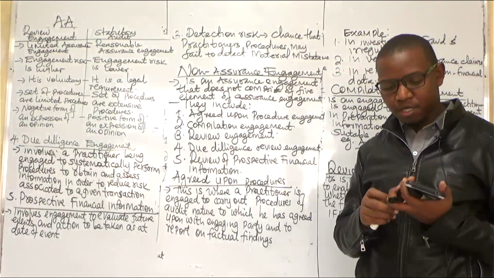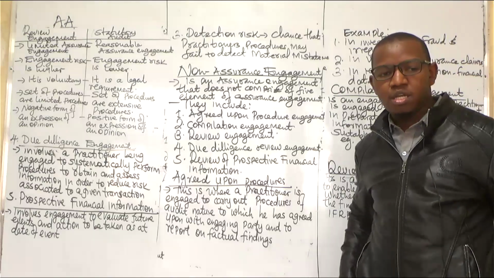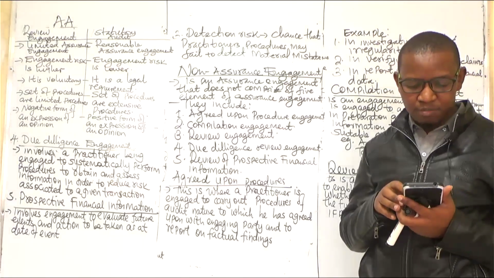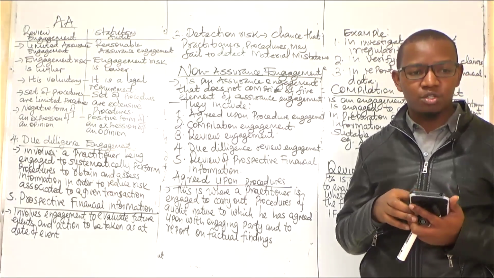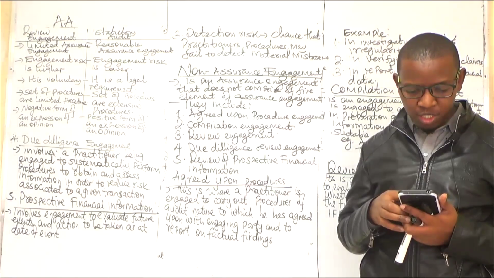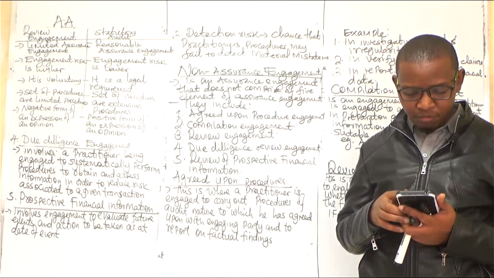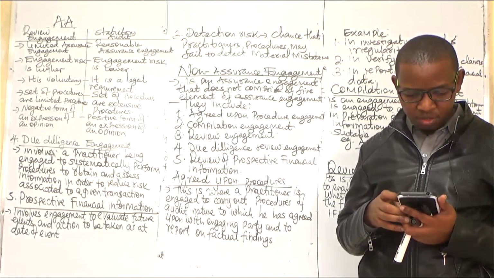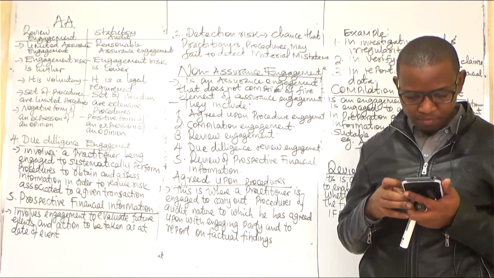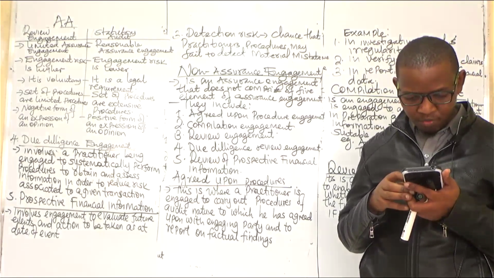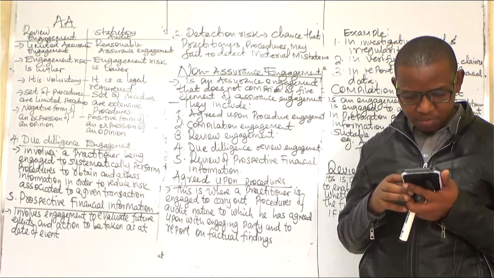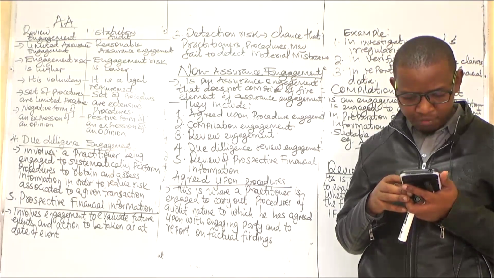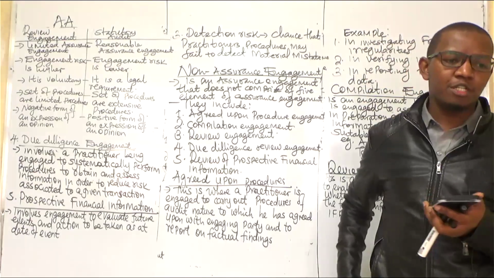That marks the end of the first topic, which is assurance and non-assurance engagement. The question on types of non-assurance engagement was in November 2017, question 1A.